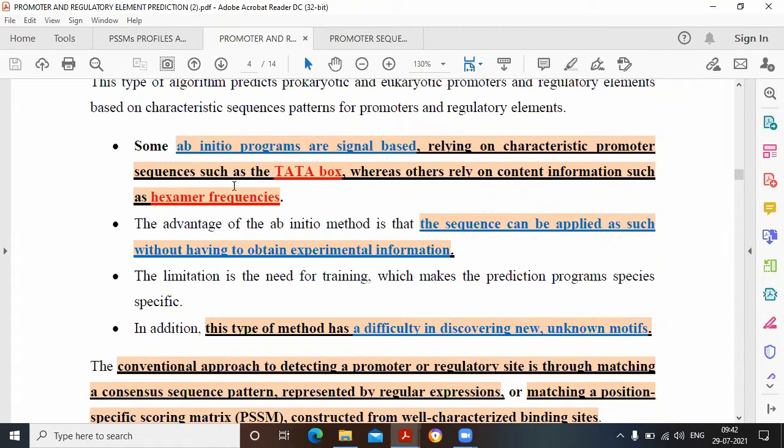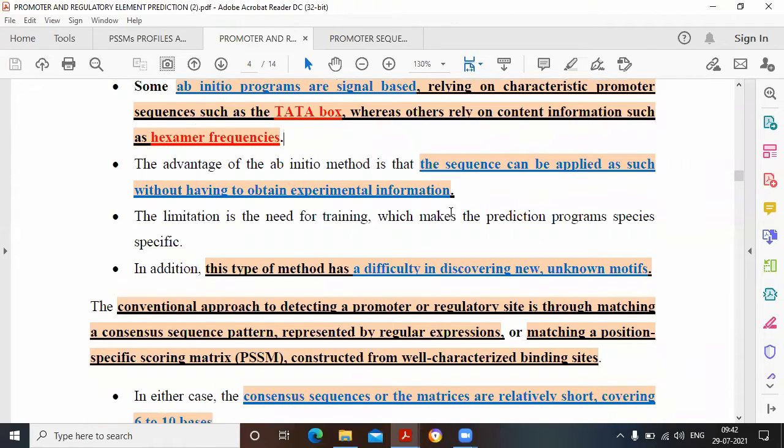That means the starting codons appearing at the gene level or the RNA level. These 2 important parameters are what the ab initio based method tries to find out, and that is why it is also called the signal based approach. The advantage of this method is that the sequence can be applied in such a way that it does not require experimental information.